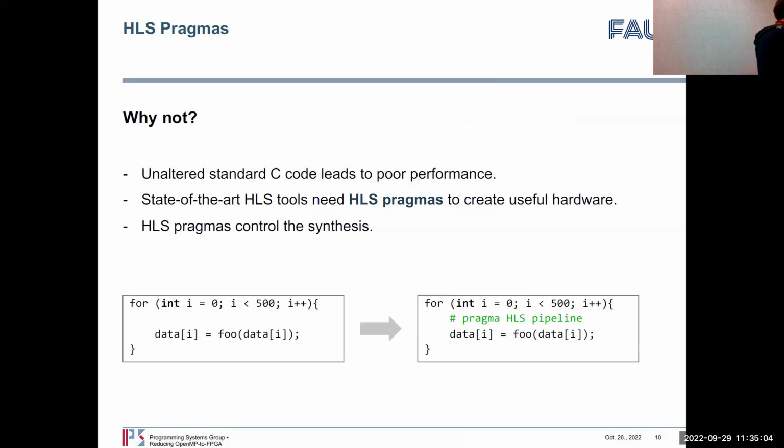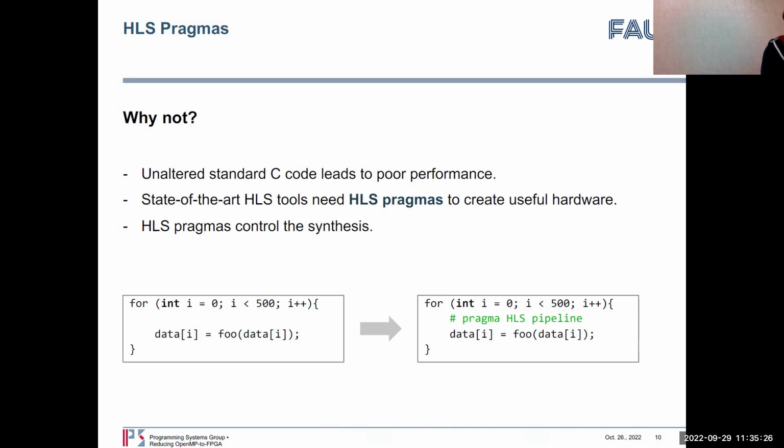HLS, like OpenMP, has pragmas, so-called HLS pragmas, and they are essentially necessary to achieve good performance. If you go without HLS pragmas, you will get a really conservative approach, conserving hardware resources in the solution, and this will probably not perform well.